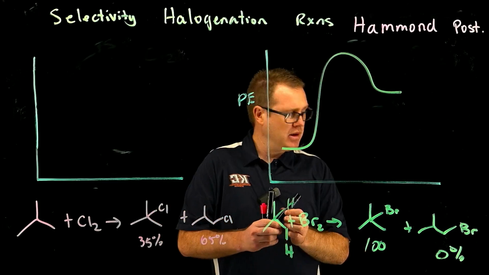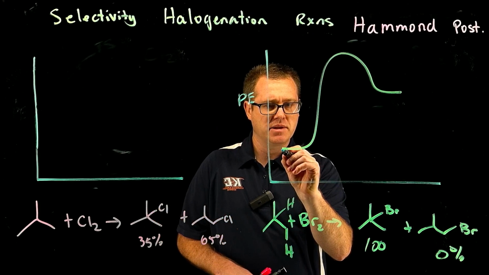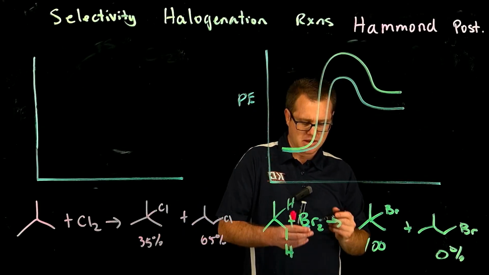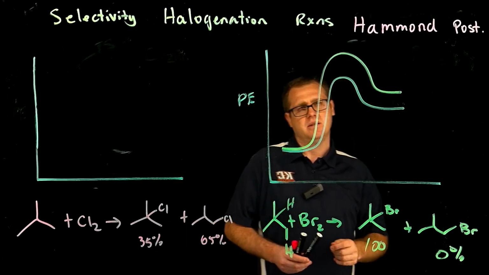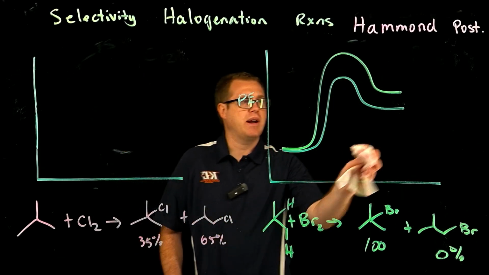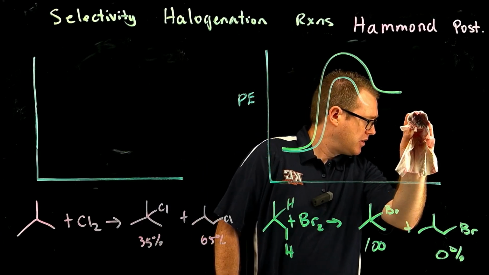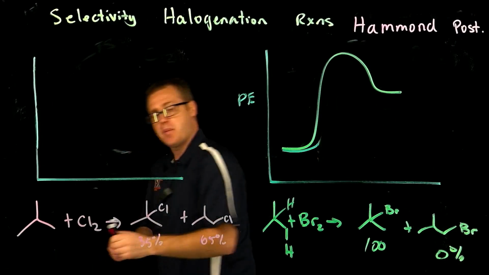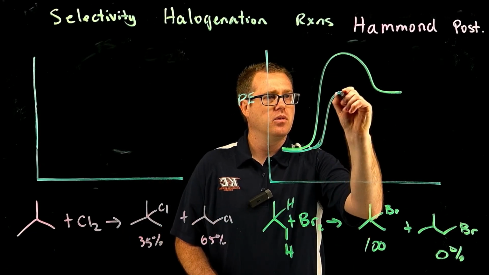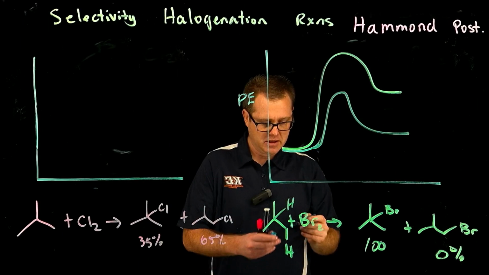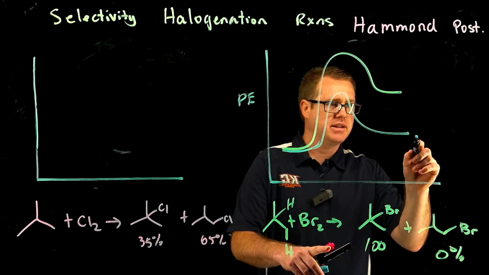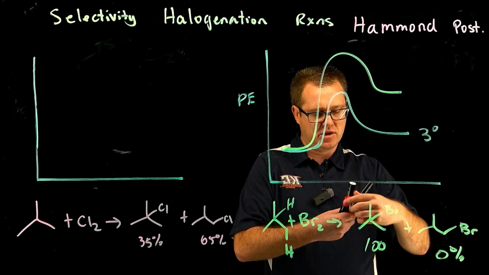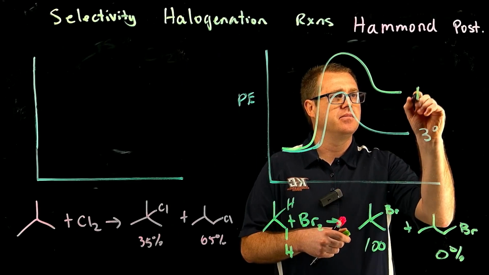And then we can have another one starting at the same spot right here. Let's make it a little bit more drastic, shall we? Just so we can make a point here. All right. So this is going to give us our tertiary radical, and this is going to give us our primary radical.